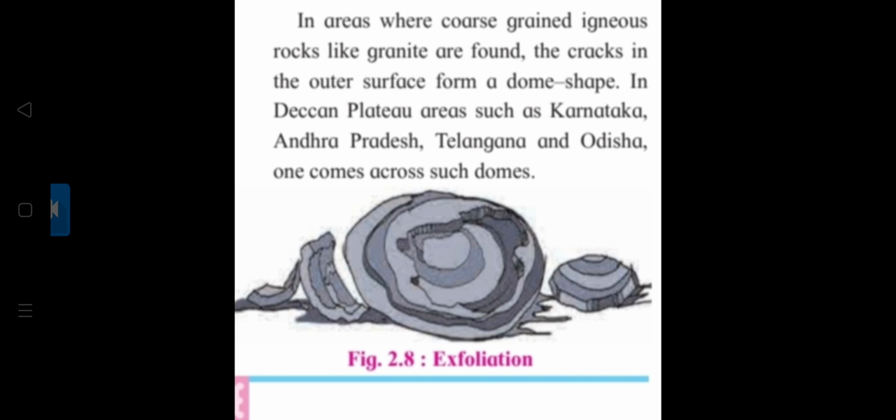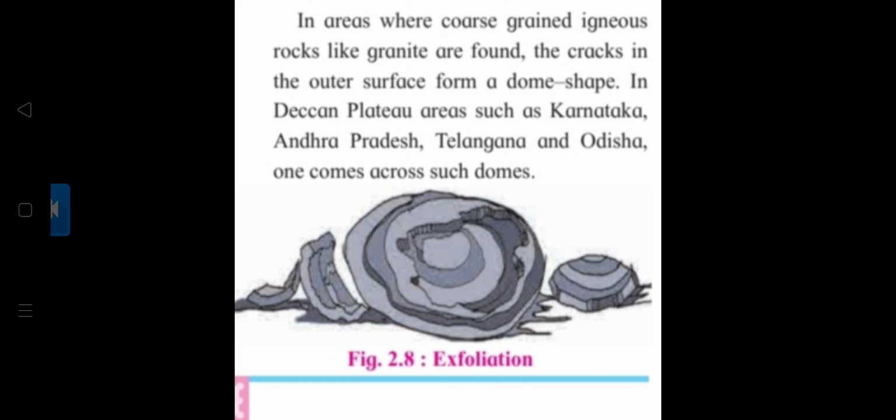Then oxidation, and how carbon dioxide plays an important role in the factors affecting weathering. What is disintegration, what is dislodgement, what is exfoliation. All of these questions can come based on these types of weathering.